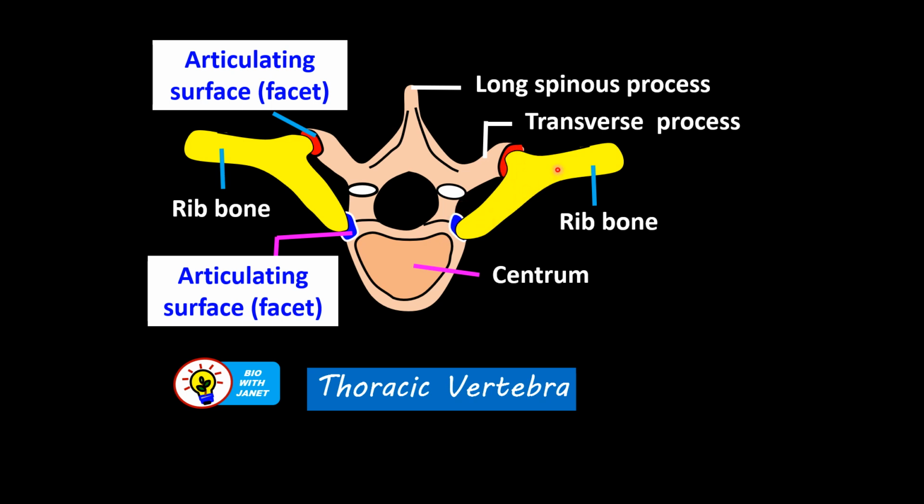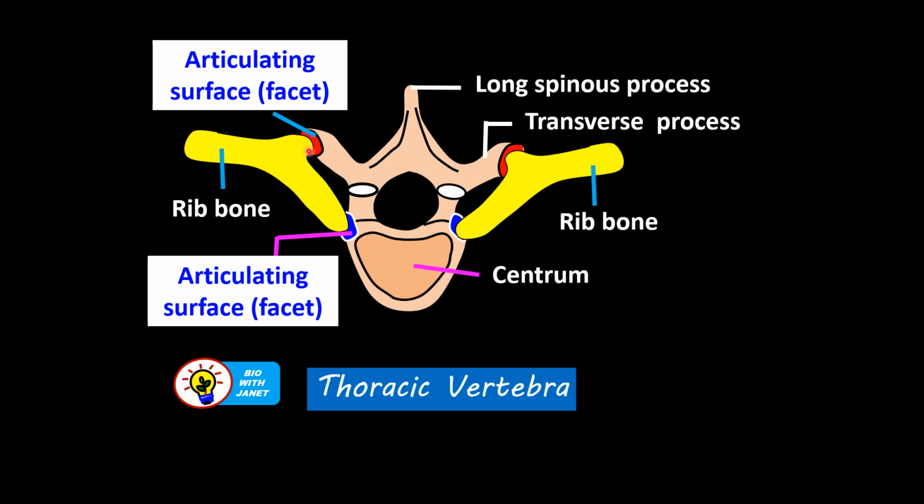And then each rib bone will curve to the front here and join to the sternum in front. Now this is the other rib bone, curves down to the front here and joins with the sternum in the front. Okay, so this is how each thoracic vertebra forms the joint with the rib bones.